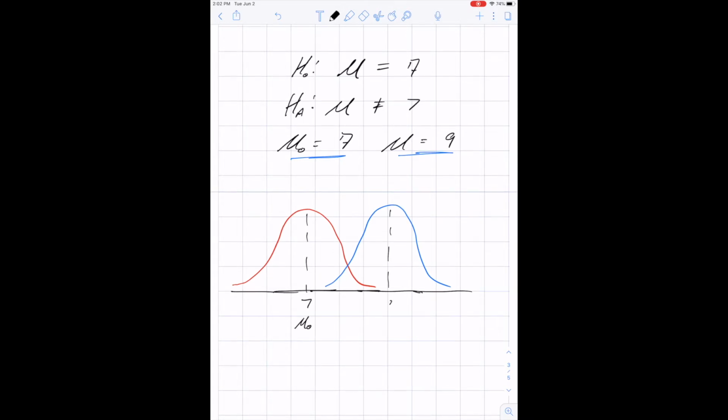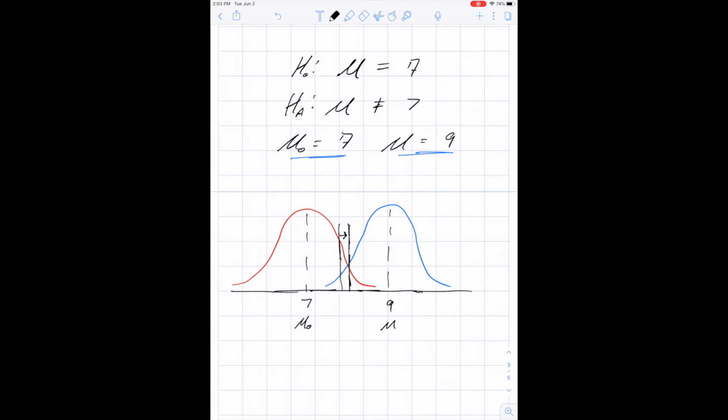This is 9. That's the true mu. And so now we're going to have a two-tailed test. In that one-tailed test, maybe our critical mean was right here. Well, what's going to happen in a two-tailed test is alpha has to be divided between both tails. So we'll have to remember to push this a little bit this way when we do our two-tailed test.